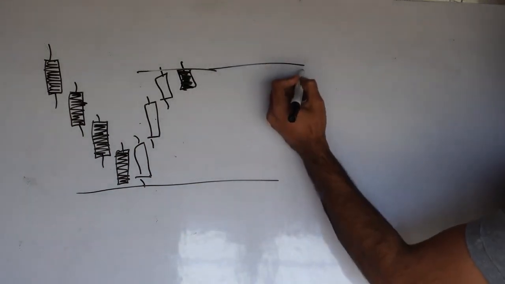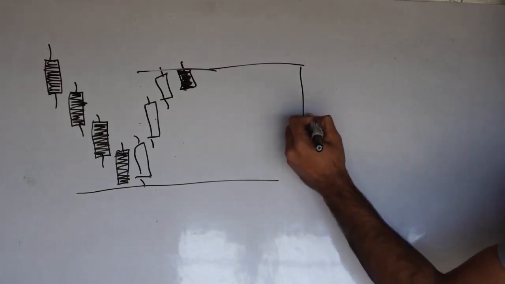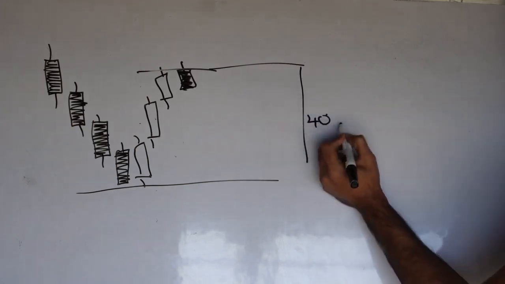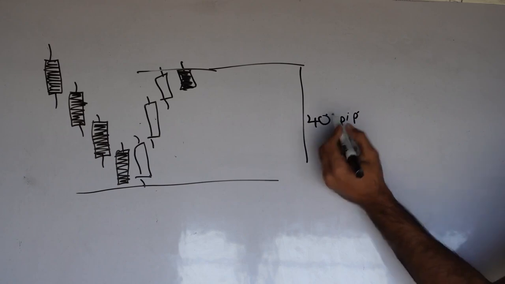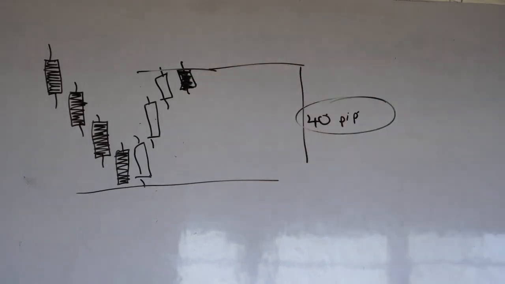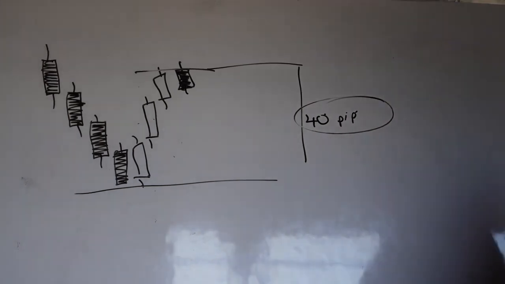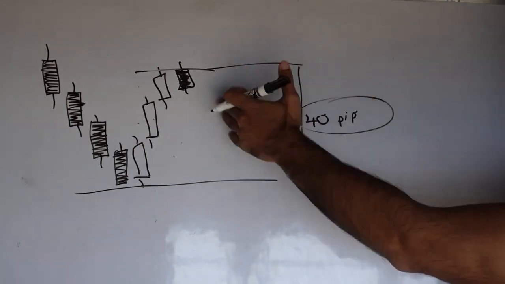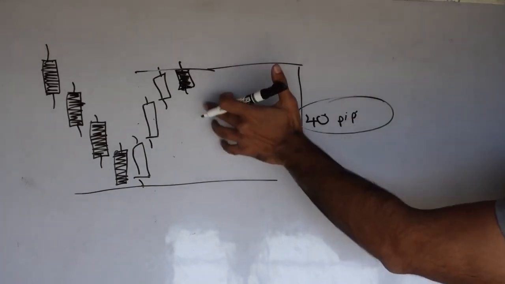Let's say this is a 40 pip range, and you're anticipating price to continue pushing down. Now, all of these scenarios, they do happen when price is trending, right? So in this case, price is trending bearish, and this is what we're going to go over.